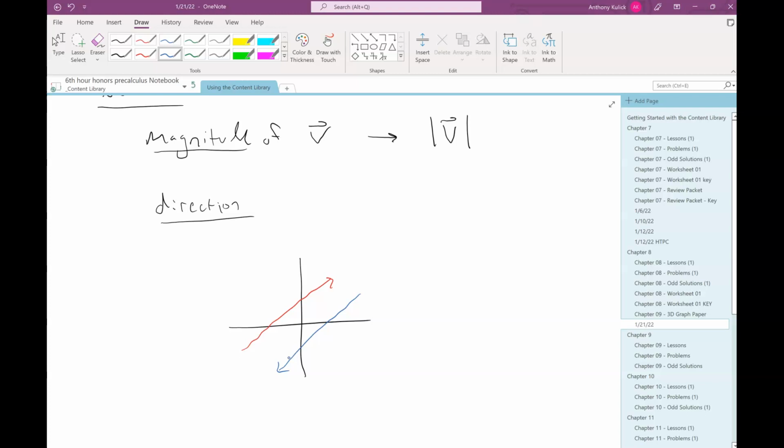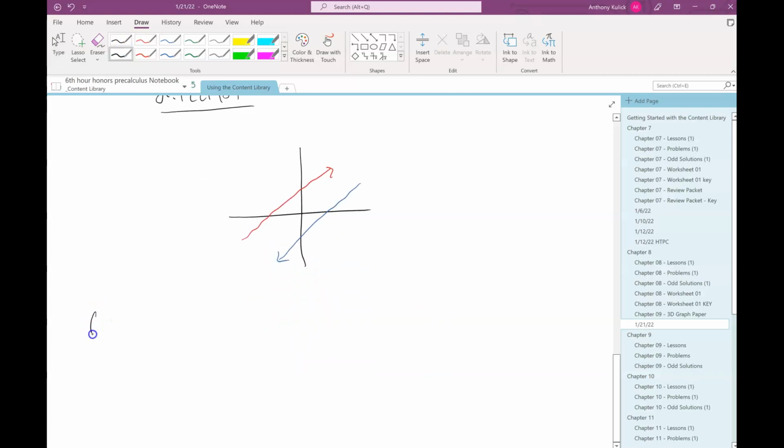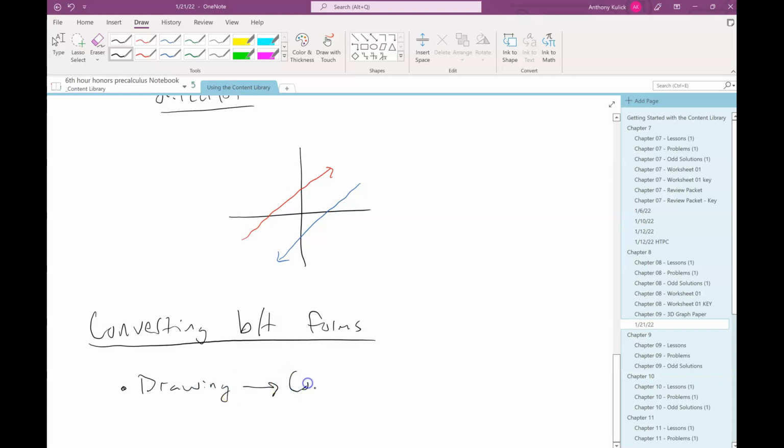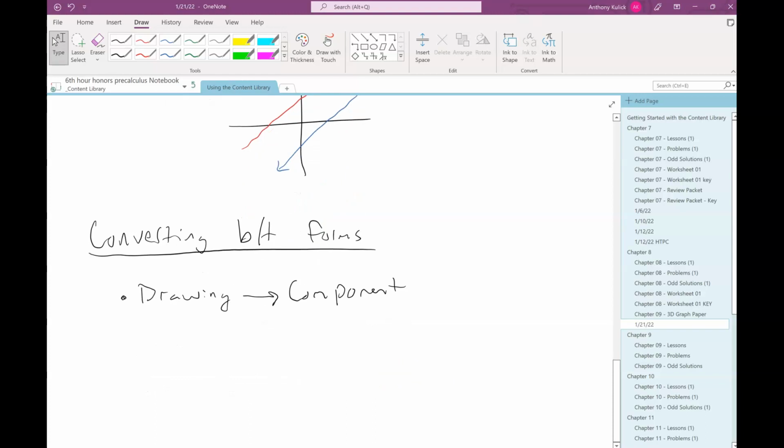So let's talk now about converting between these different forms or representations. First thing we'll talk about is going from the drawing to component form.